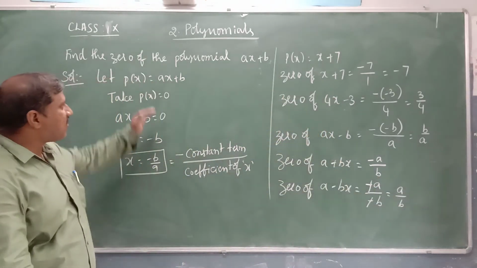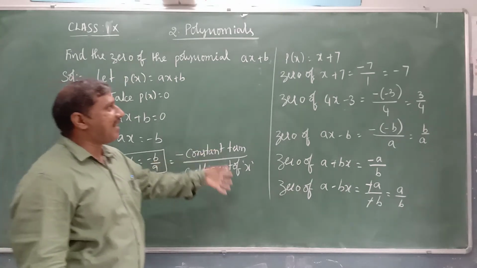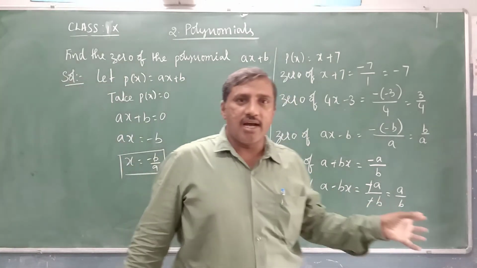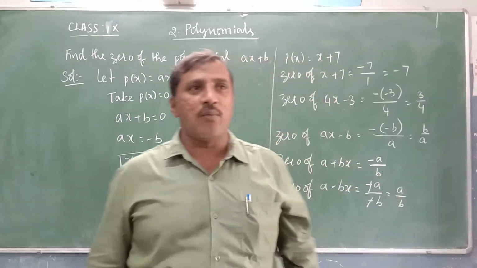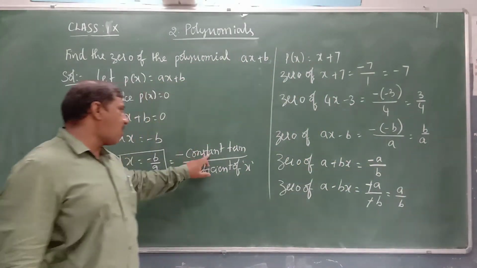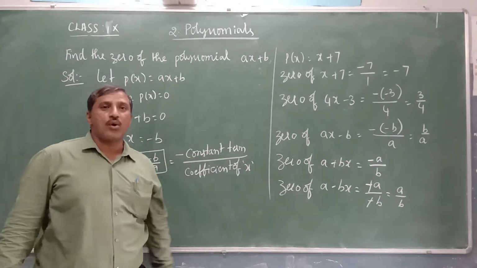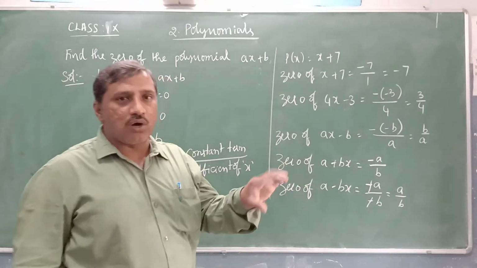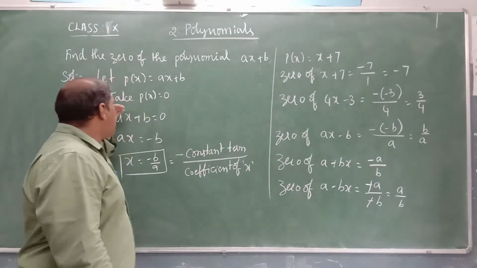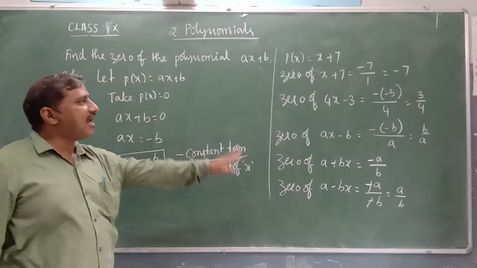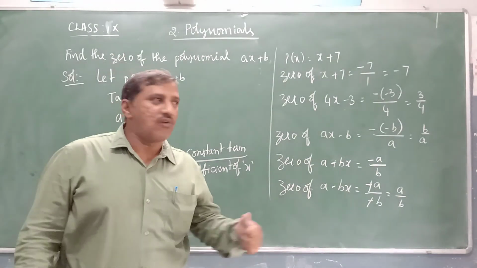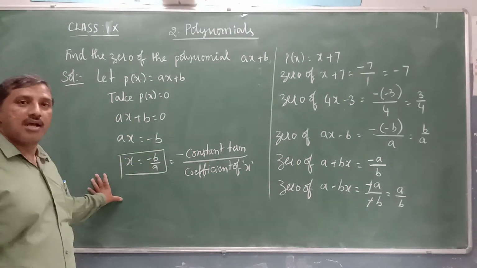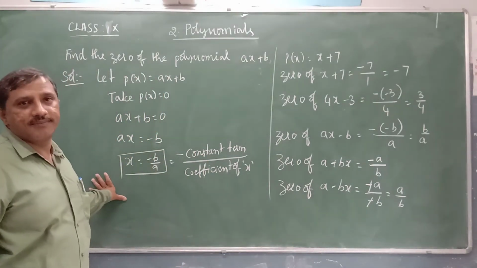So like this, without solving, we can write in a simpler way to find zero of a polynomial. It is minus of constant term divided by coefficient of x. I hope you understand how to find zero of a polynomial in the descriptive manner as well as in the short form also. Now we will discuss a few more examples on zero of the polynomial.